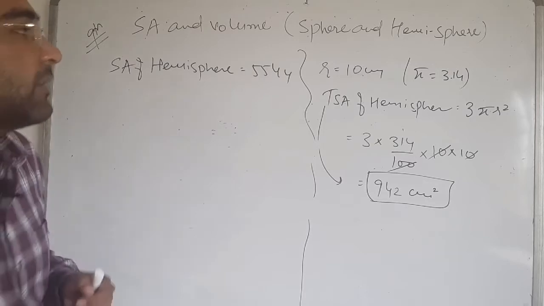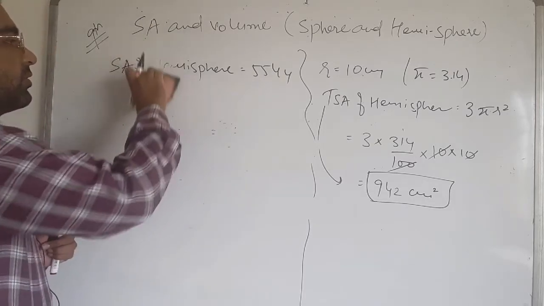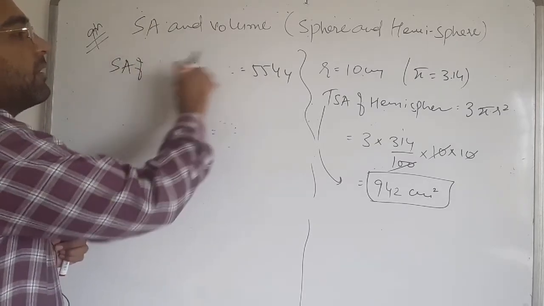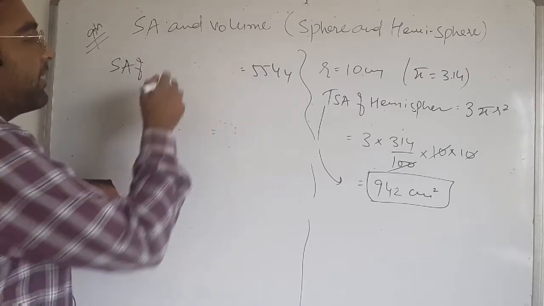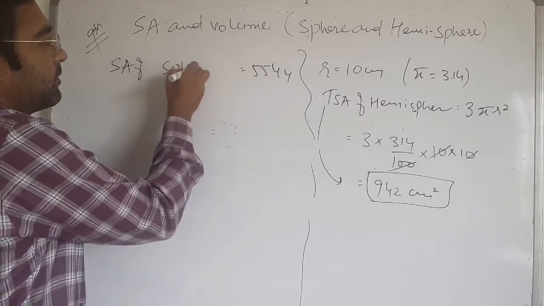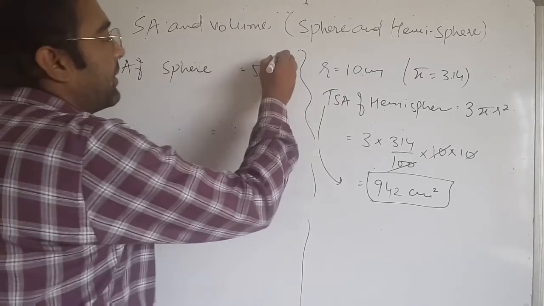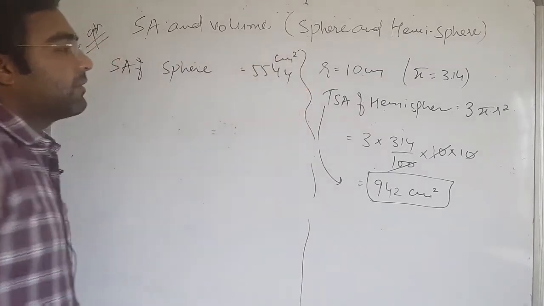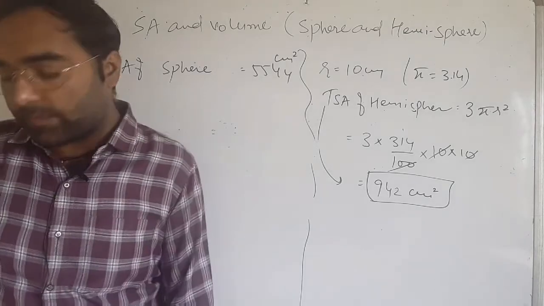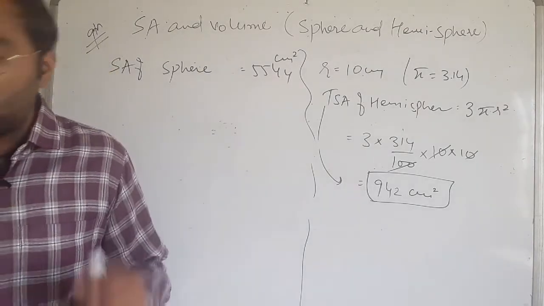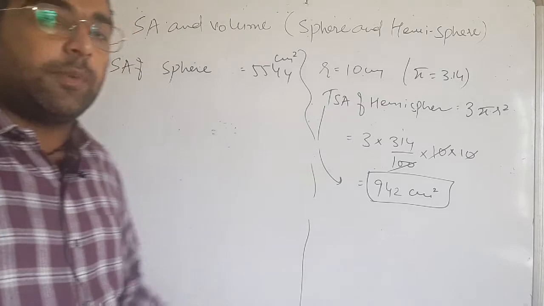Surface area of the sphere is given, not a hemisphere, so write sphere. Surface area of sphere is 5544 centimeter square. Then you have to find the diameter of the sphere.